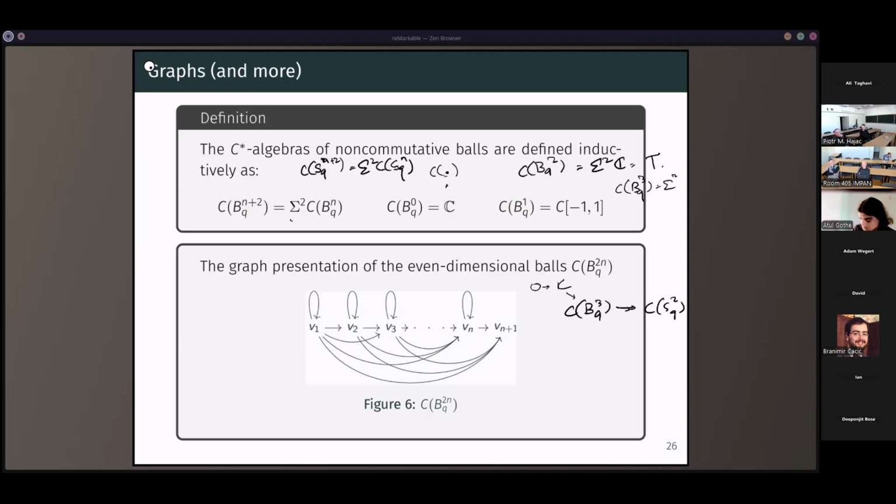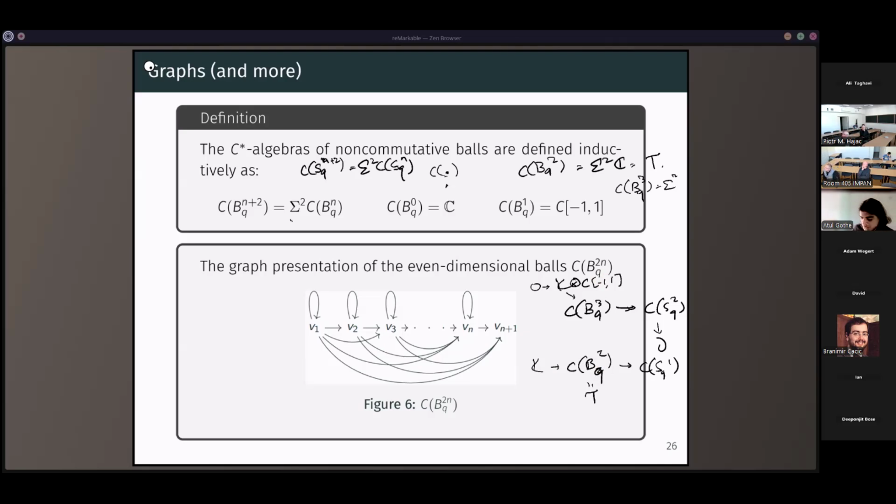So we have a short exact sequence which maps BQ3 to S2Q, and the kernel is compacts tensor C of minus 1, 1, for instance. This is just for odd ones, but for even ones as well we can have the boundaries, which is just Toeplitz and compacts. So the boundaries of these balls are just the spheres which we have discussed earlier.